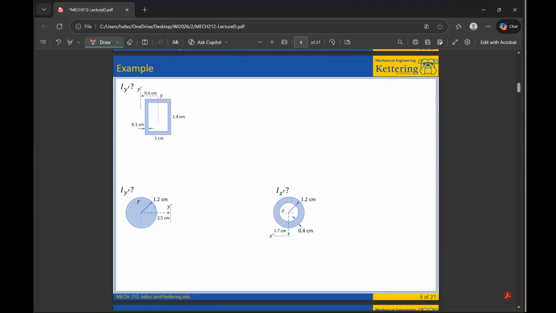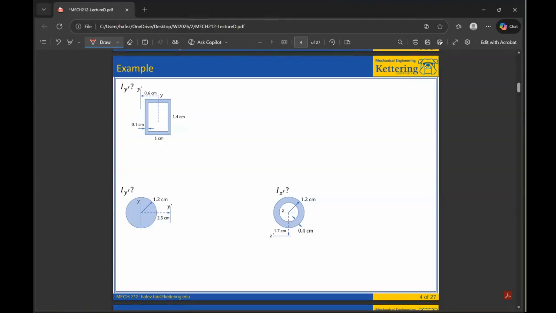Drew. And then working with that one would be to take the area of the entire rectangle and then subtract the IY value of the hollow portion in order to find IY. Very good, Drew. A point to you.